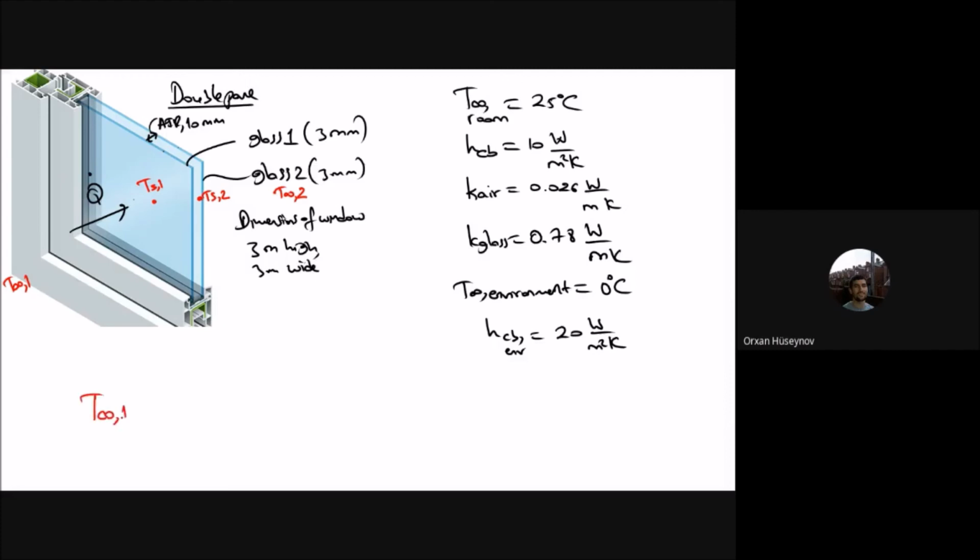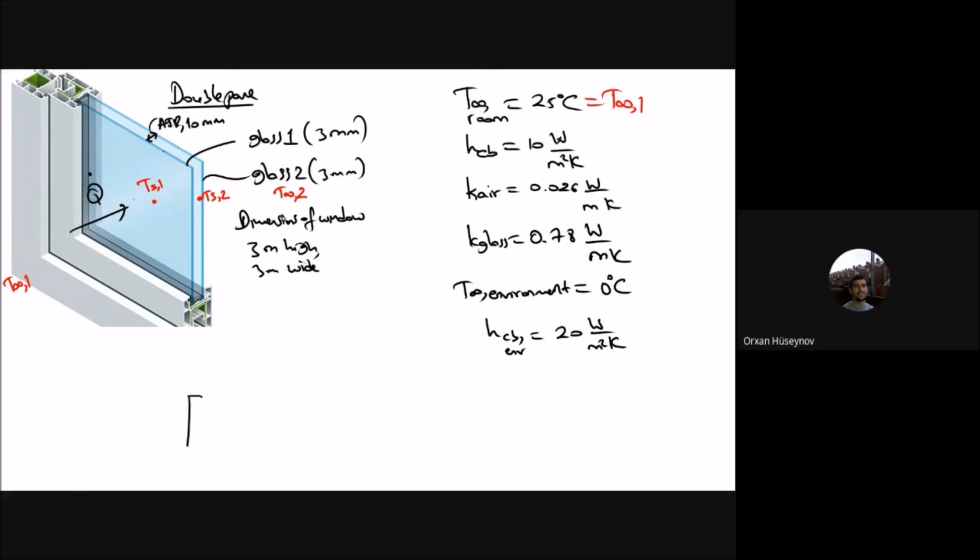T infinity 1 is the room temperature, and from it you will have the first resistance, R combined. Actually, let me show the components first and then the resistance concept. Let me erase it and show the components here.